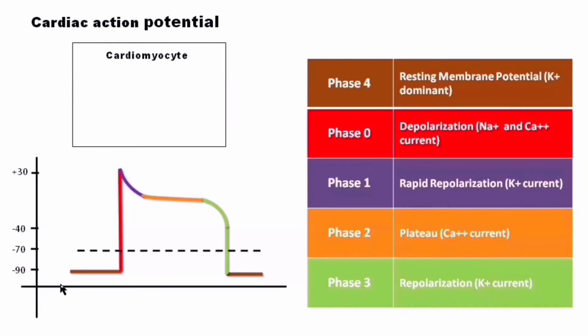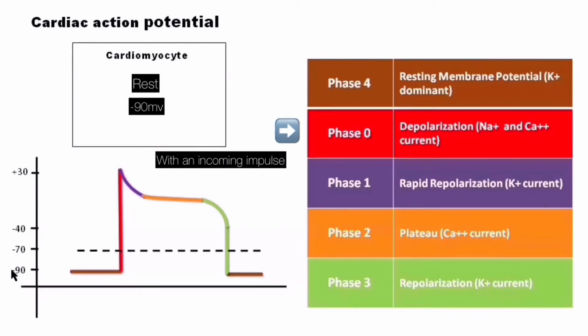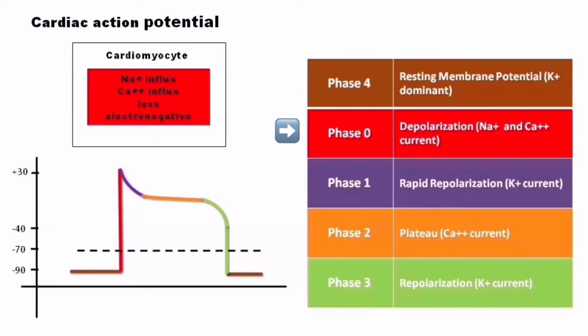First we have phase 4. In phase 4, the myocyte is at rest, with a resting membrane potential of negative 90. Now say there is an incoming stimulus or an impulse. The voltage gated sodium channels of the myocyte will open, causing an influx of sodium.